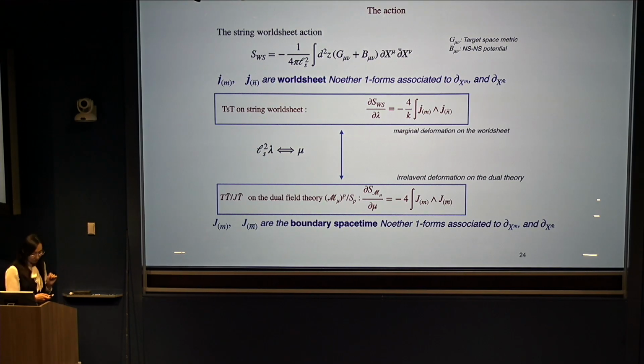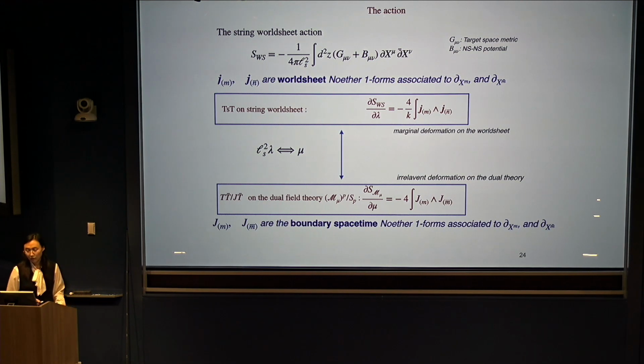Then TTbar, you can write these Noether currents as a one-form, and that's precisely the TTbar deformation. So the worksheet TsT, and the TTbar, and also other irrelevant deformations can all be written as this differential equation they satisfy. The right-hand side is just this current deformation.